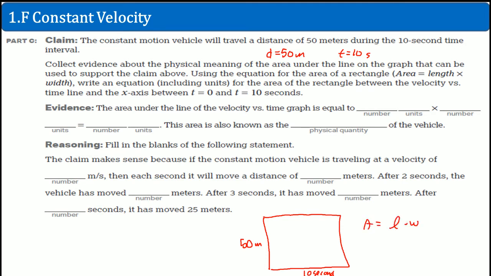So in this case, 5 times 10, which is just 50 meters. We also know this as the displacement of the vehicle. So we had that. 50 meters. Good.